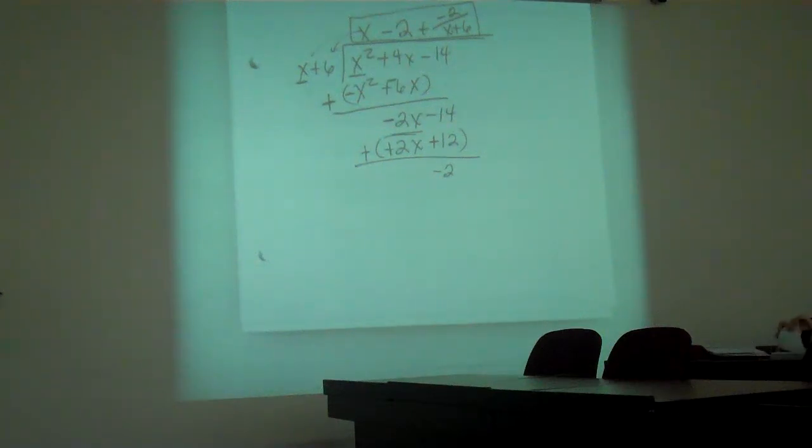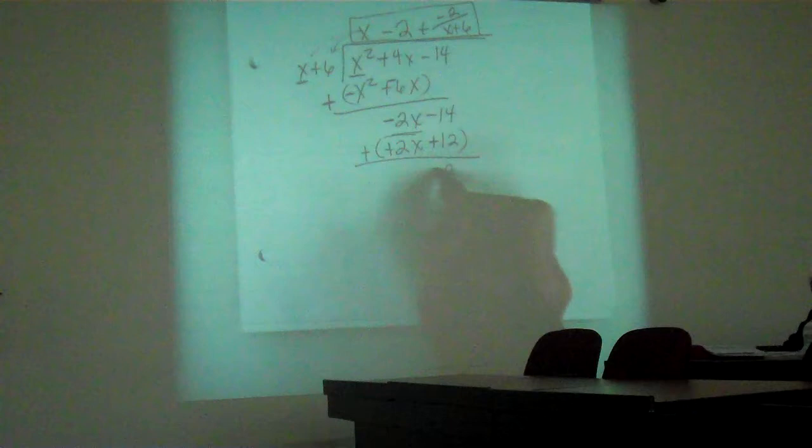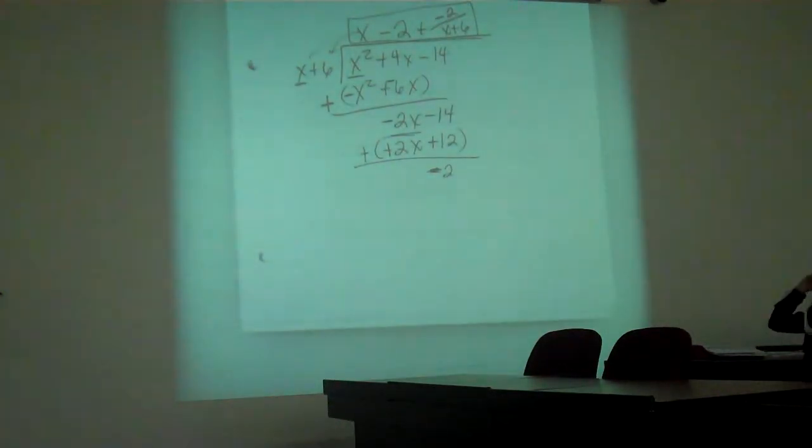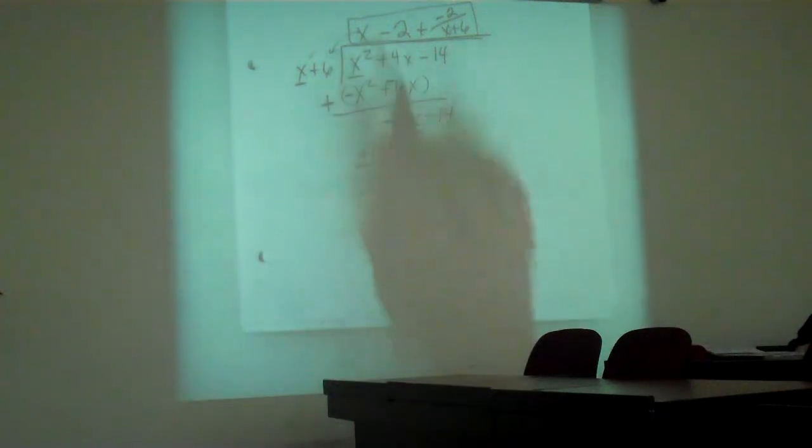So when you put, like, we have x minus 2 plus negative 2 over x plus 6, whenever it's negative down here, you put it negative up there? Yeah, this negative, no, for the second negative 2, or the first one, sorry, this one right here. Yes.